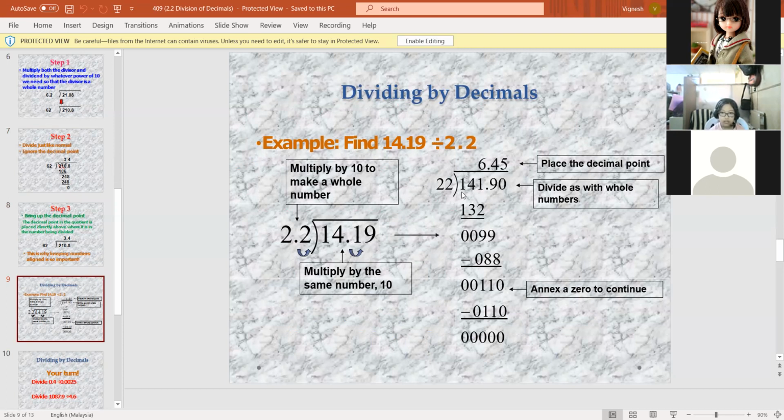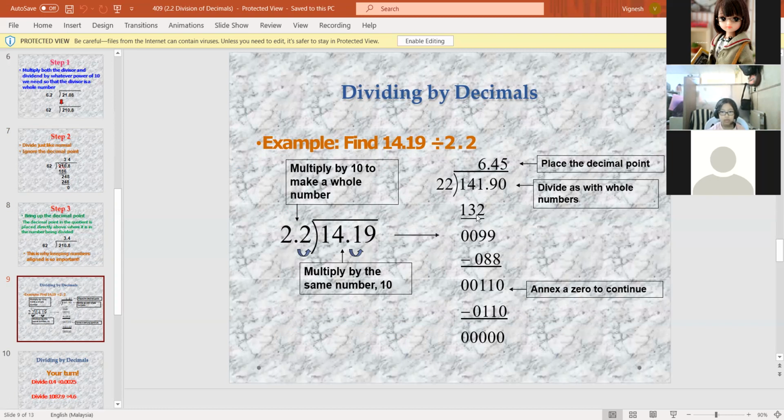Very good. So now 141.9 can be divided by 22 or not? 141 can divide with 22? It can. 6 times 22, it becomes 132. Correct? Okay, very good.